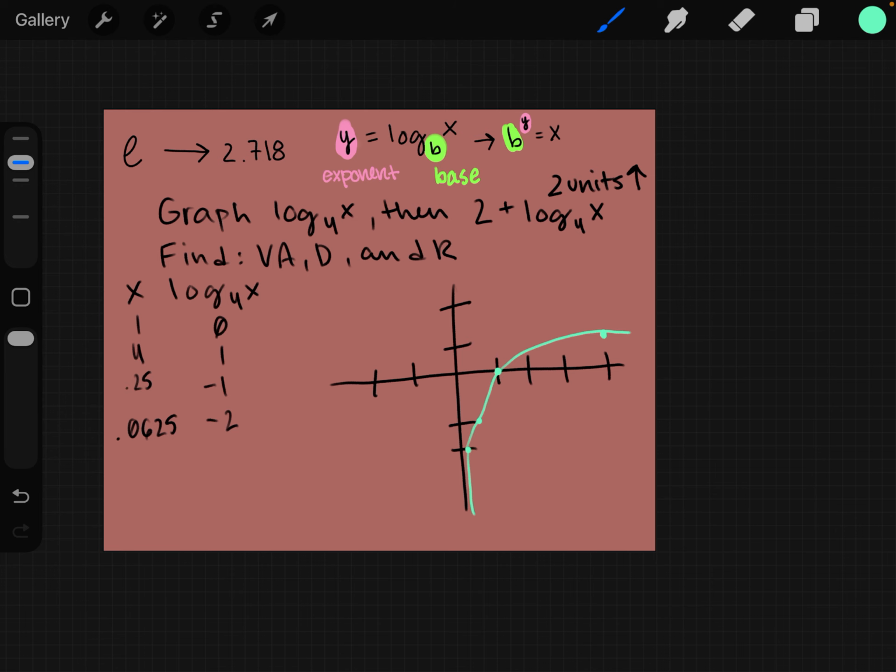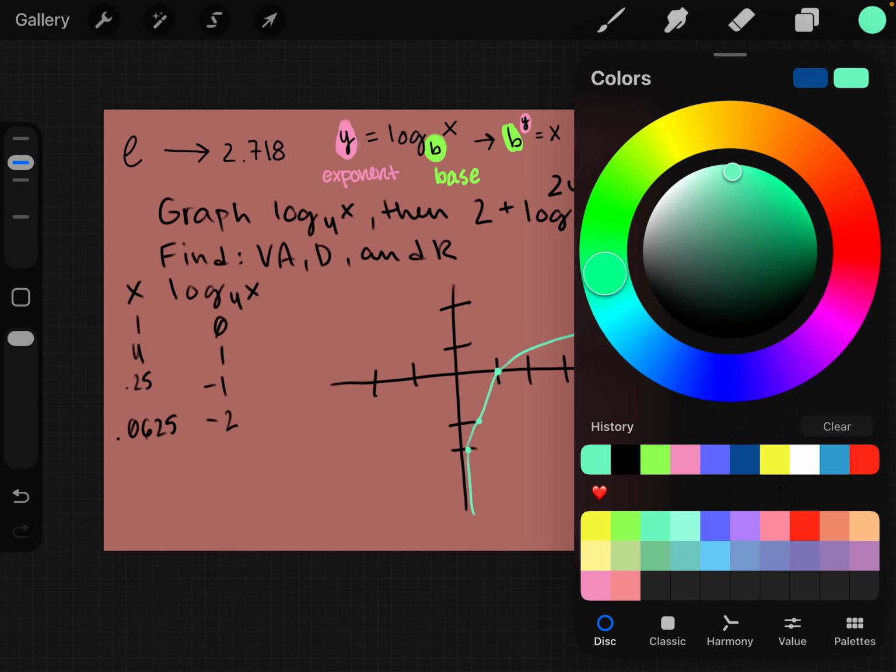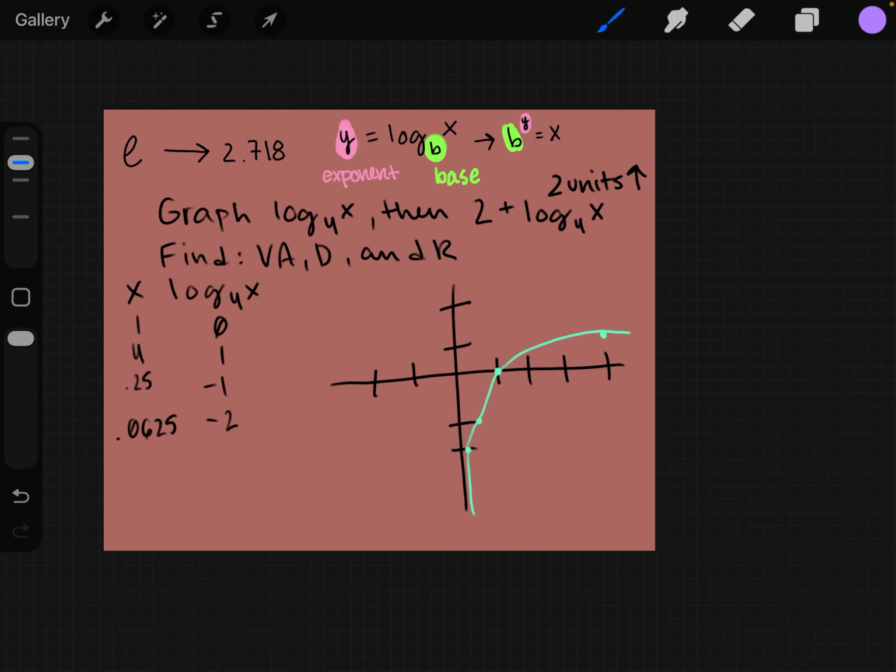Okay, so that is log 4x, but they want us to move it 2 up. 1, 2. 1, 2. 1, 2.